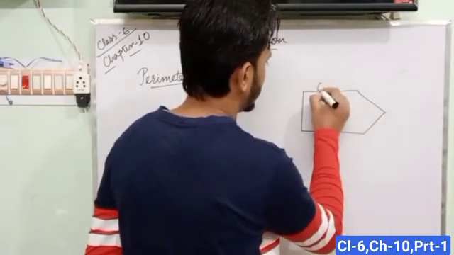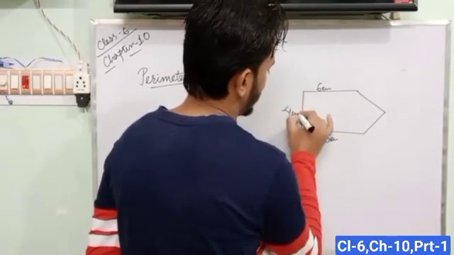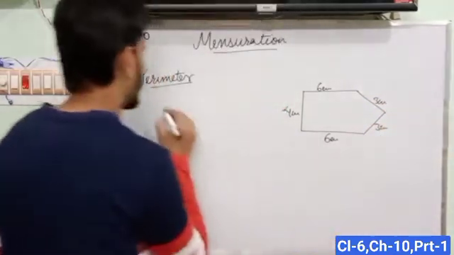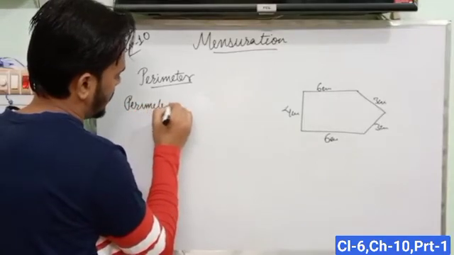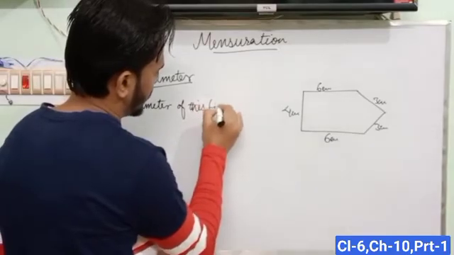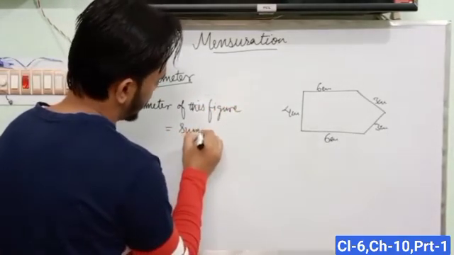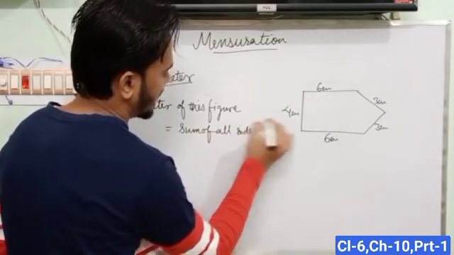I have a figure with sides 6 centimeter, 4 centimeter, 3 centimeter. So we can write here, perimeter of this figure is equal to the sum of all sides.